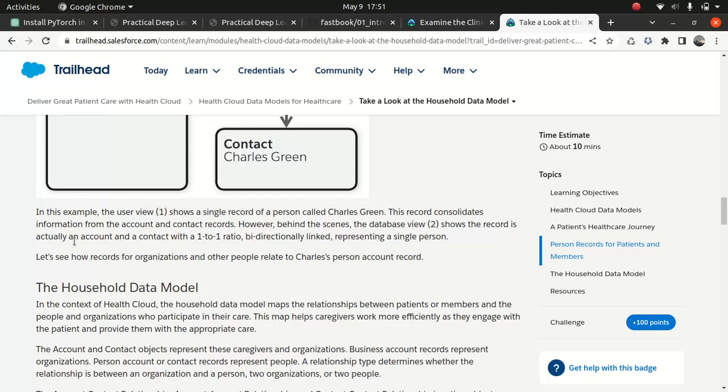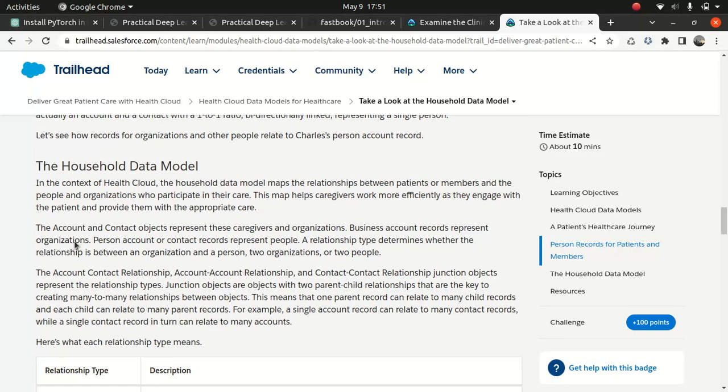Now, Charles has a wife, and they belong to a general household. How all this information will tie together in a data model, that's something we're going to look at. So let's say the household name is the Green household.